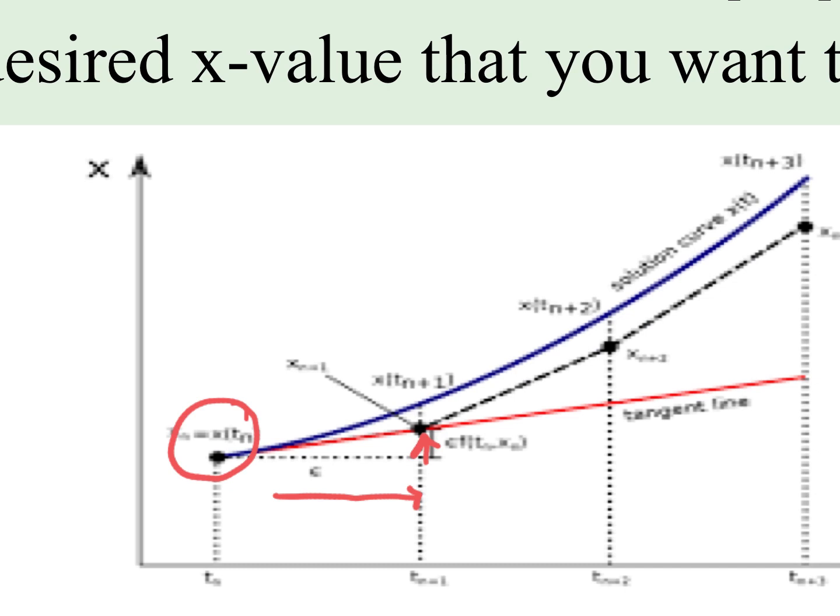And then from that new point, recalculating a new run and a new rise. Okay, well, I guess the run is always going to be the same. That'll be a consistent value, but it would be a new rise. And that would keep the gap less. Okay, it would minimize the gap or the difference between his estimated point and the actual curve.